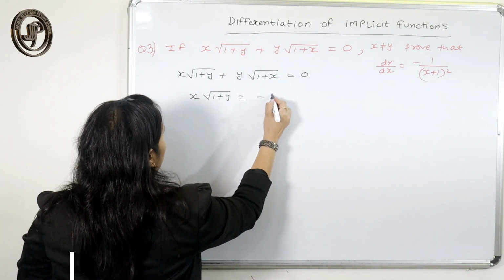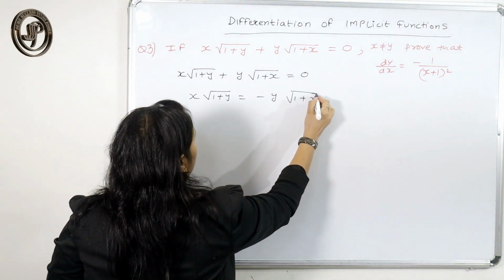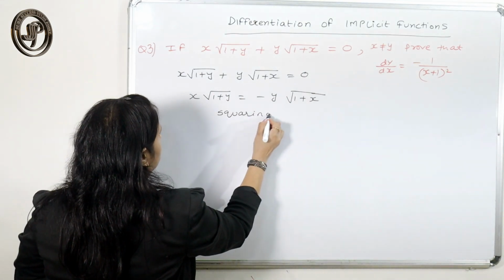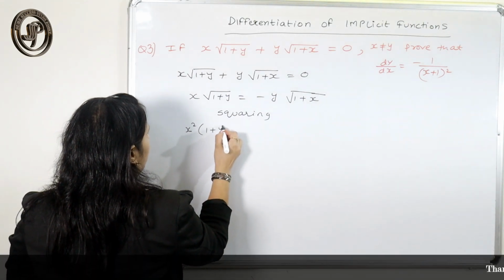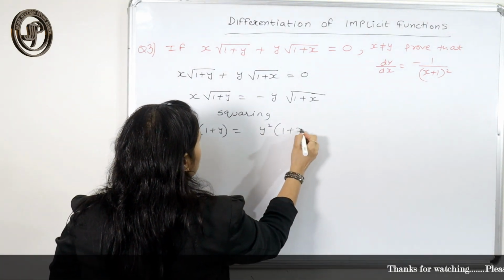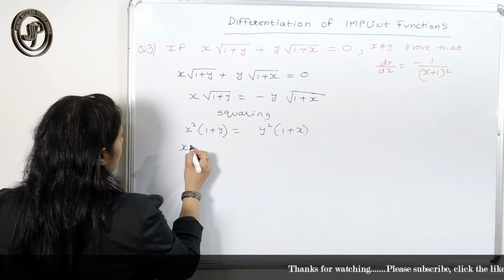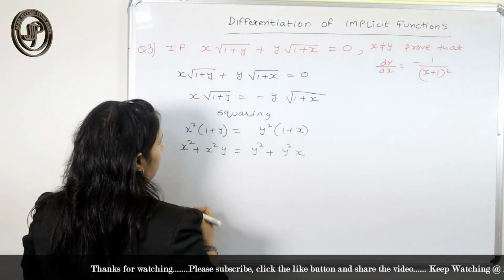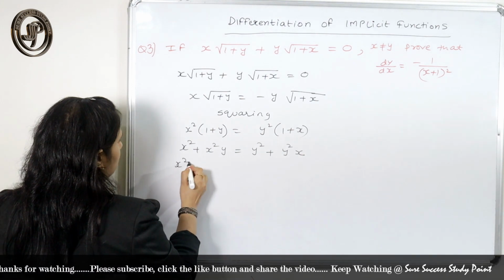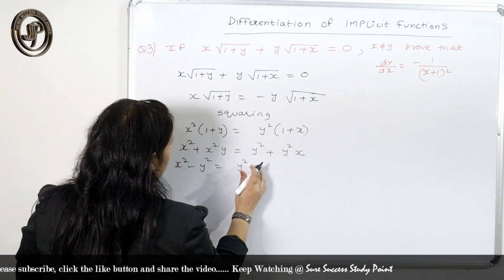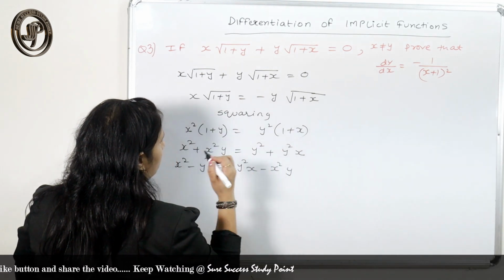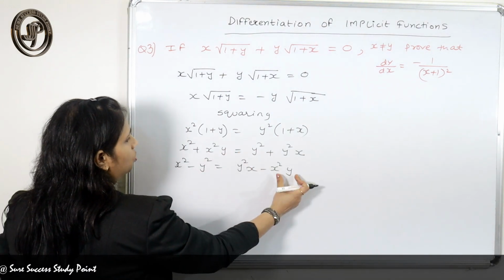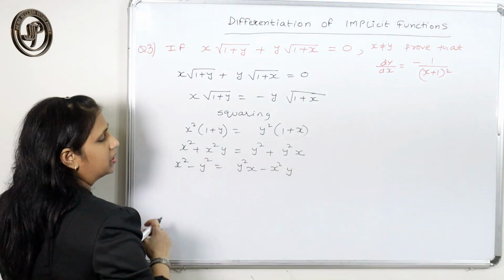So if I take this y to the other side and square both sides, what do I get? x square times (1 plus y square), plus y square times (1 plus x square). So x square plus x square y square plus y square plus y square x square. Now I can write this by rearranging, x square minus y square together and x y square minus y x square, and since I have taken this to the other side, this becomes negative.